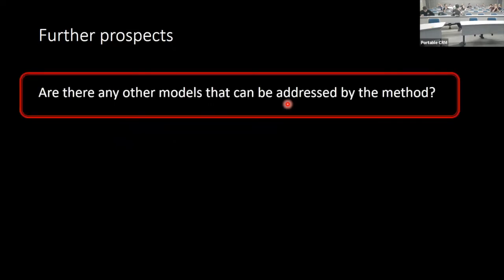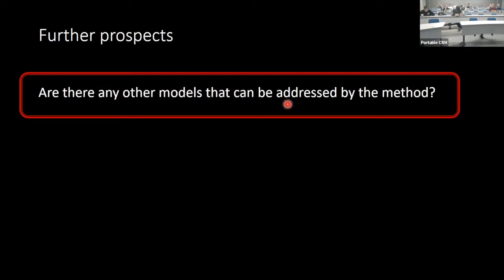Let me skip open problems and let me just finalize the talk by the main question which emerges here. Are there any other non-trivial models that can be addressed by this method?